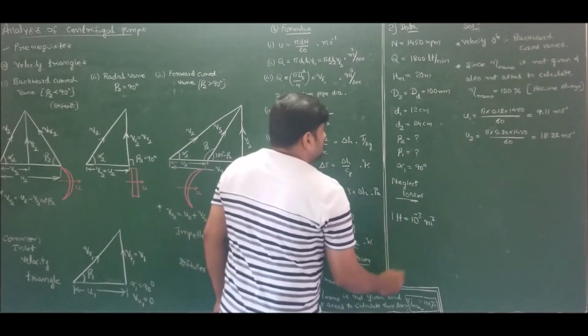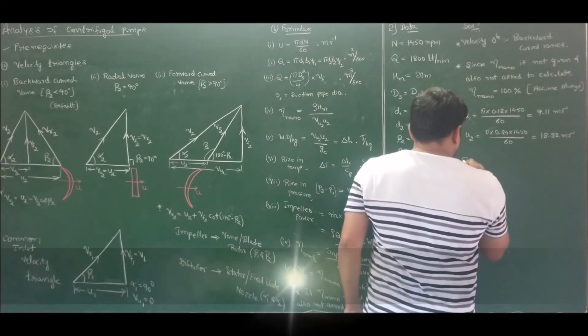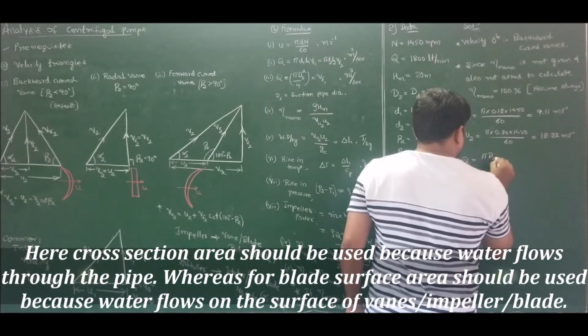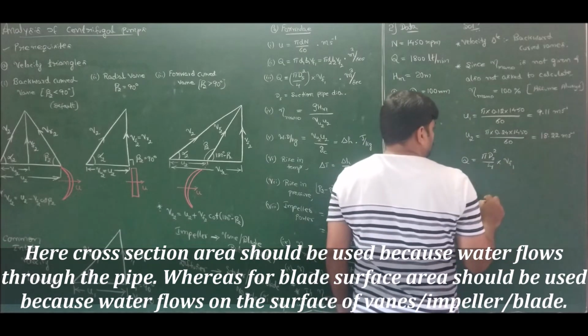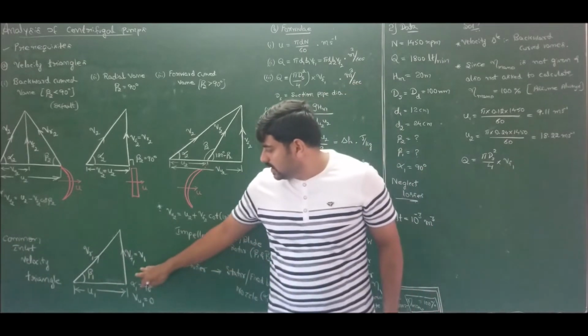So use the conversion. From the equation, Q is equal to suction pipe diameter square divided by 4 into flow velocity Vf1. I can find the value of Vf1, which is equal to V1. This is already known to you.